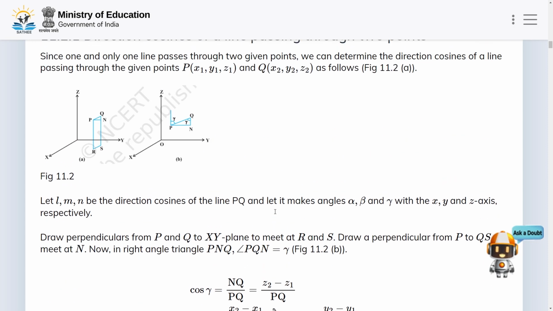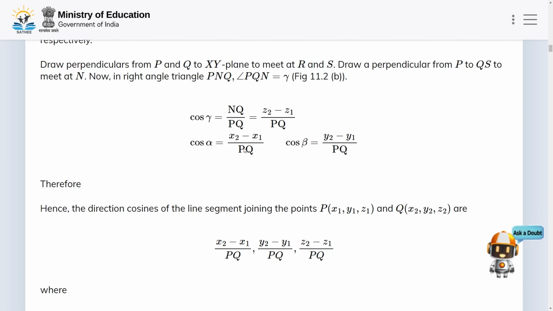In the same manner, you will have cos alpha equals x2 minus x1 divided by PQ, and cos beta is equal to y2 minus y1 divided by PQ. I hope it is clear.